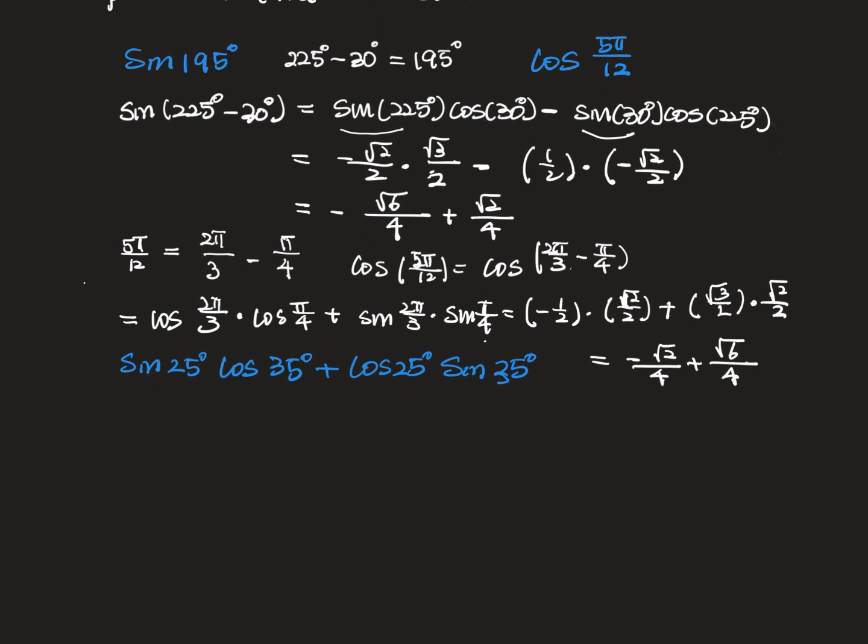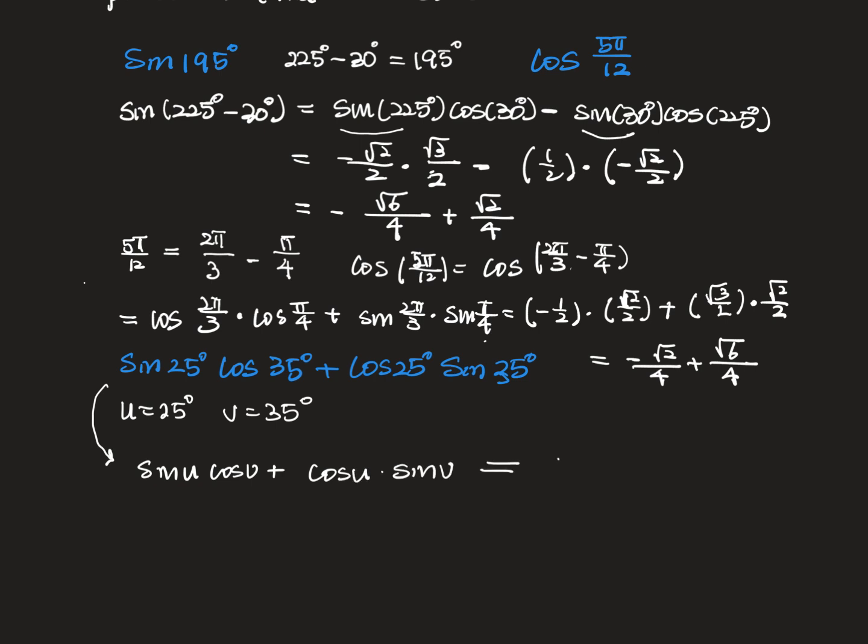Next one looks so weird. I'm going to write alpha; you can use u, whatever you want. Some value of u is 25, v is 35. Then we're going to find the value of this trigonometry: sine u cosine v plus cosine u sine v.